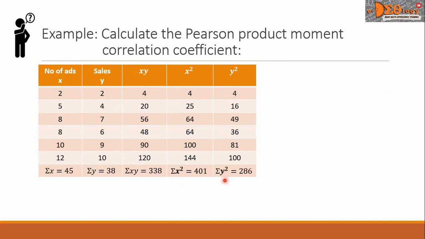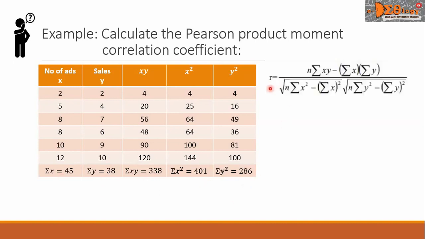And the summation of y squared equals 286. All the summations down here are needed in our formula for the Pearson product moment correlation coefficient.